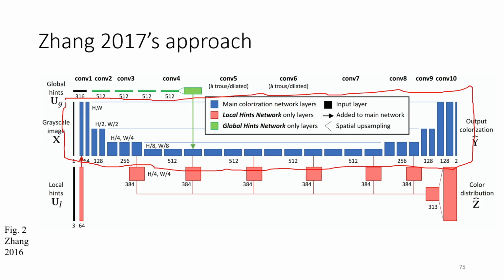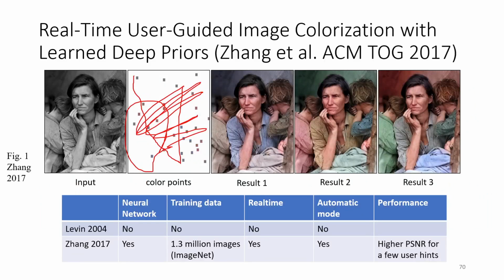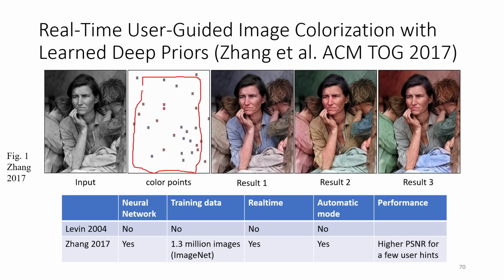It was created for his 2016 ECCV paper, and he extended it with this part for his 2017 TOG paper, because this is the local hint. The local hint is the point used here. So this is a local hint point.